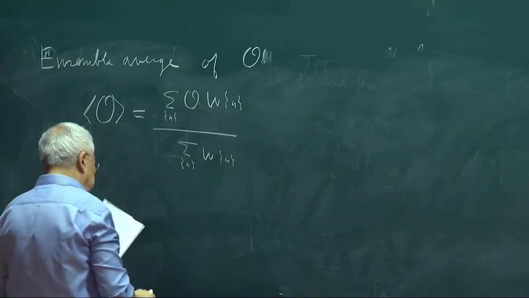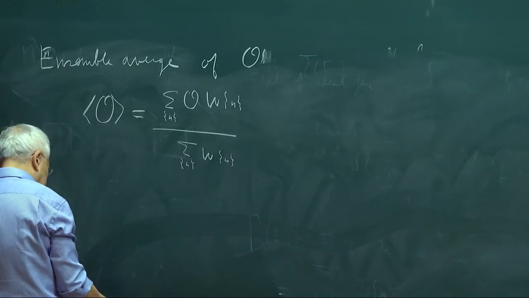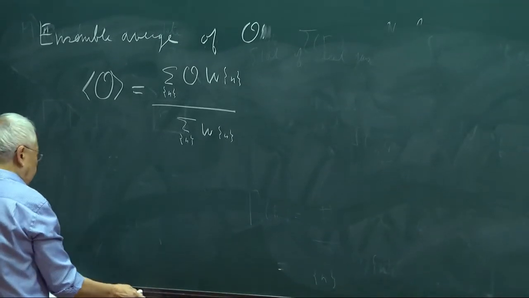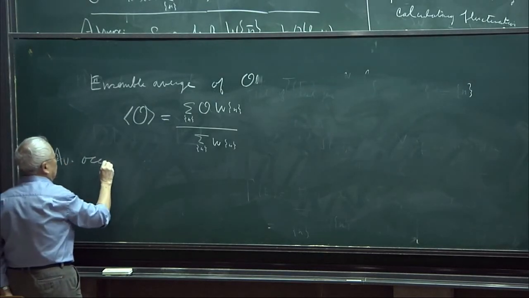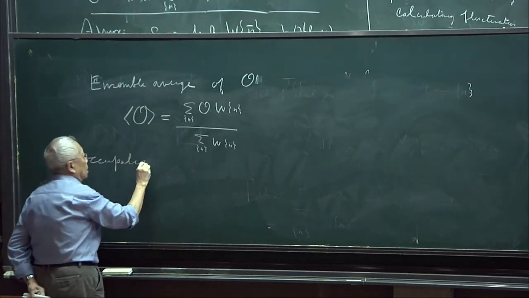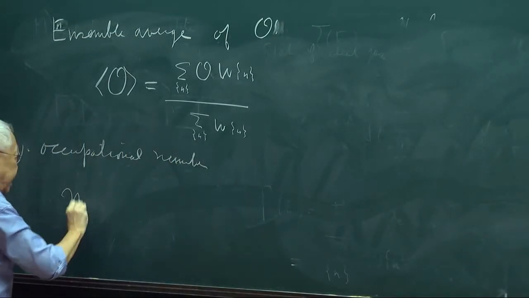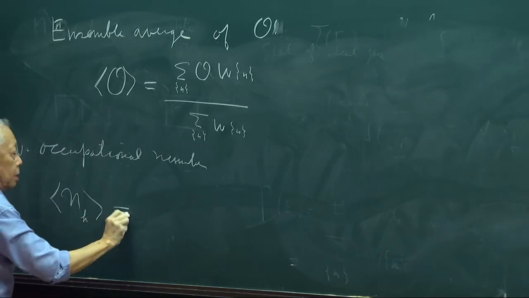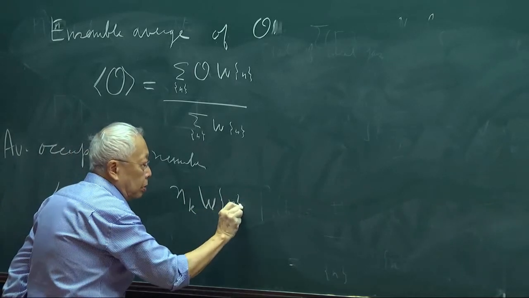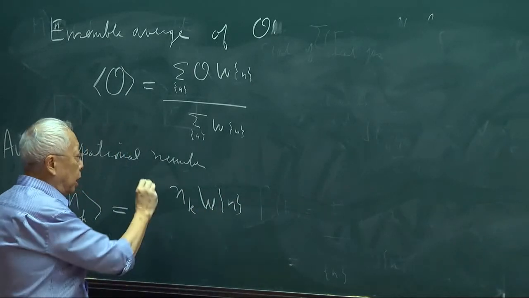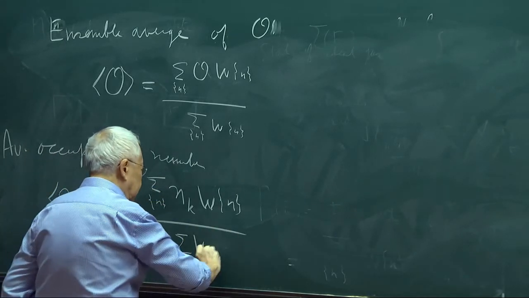This is the ensemble average. So we will define the average occupation number, say the kth one. This is defined as you take the kth occupation number, multiply by W of the set of occupations which contains k, of course, and you sum over all possible sets, and divide by the summation of W.